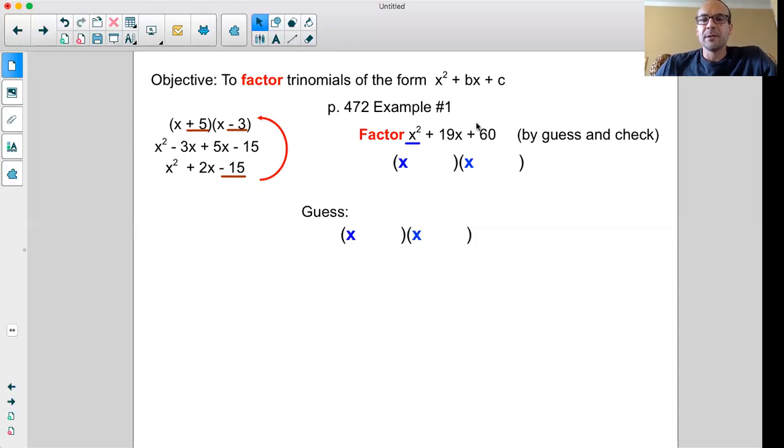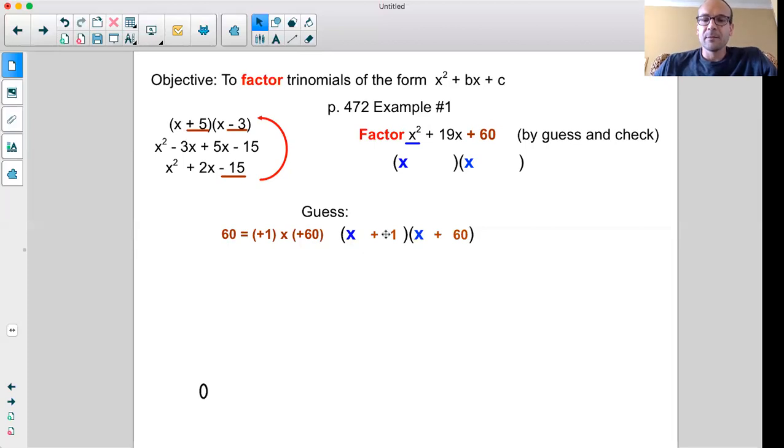So we should start thinking of pairs of factors of 60 and guess at those in pairs. Here's the thought: 60 could result from positive 1 times positive 60. So let's try using that pair of factors, positive 1 and positive 60, as our guess.